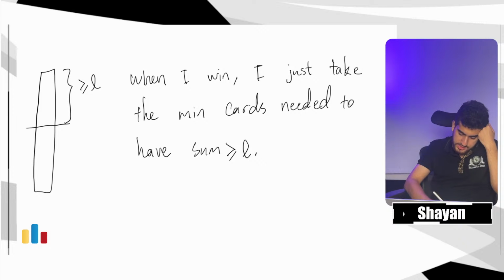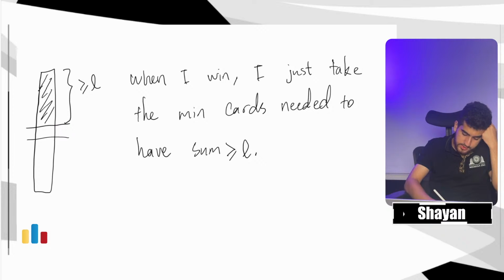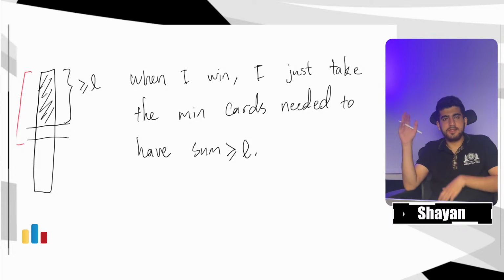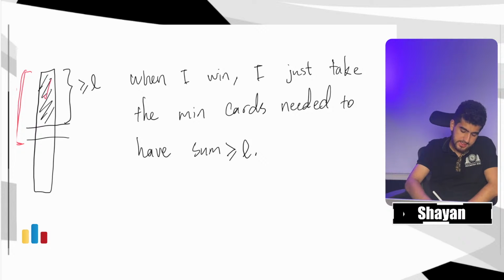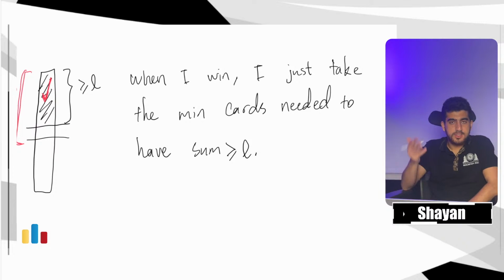Maybe I can take more cards as well, but I say that this makes sense as well. Because if in an optimal answer I do something else that I win, I know that this sum is between L and R. So if I consider the first time that my sum is greater than or equal to L, its sum is going to be less than or equal to that, so it is still less than or equal to R. At the same time, I know that it is greater than or equal to L. So this is also going to be between L and R. So if there is another way to win, only picking the first cards whose sum is greater than or equal to L would work as well.